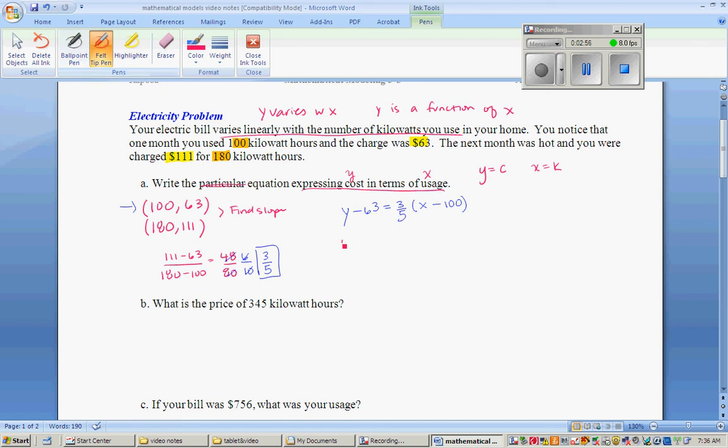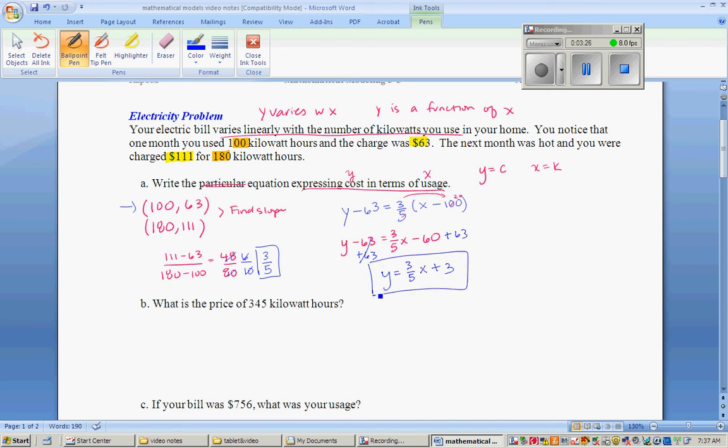So we're going to say y minus 63, and I'm going to worry about distributing this business. So I've got 3/5 x, and now I'm going to distribute that. So my 5 and my 100 are going to cancel to make a 20. 3 times negative 20 is minus 60. And when I add that 63 to the other side, this is going to be so easy. We've got y equals 3/5 x plus 3.